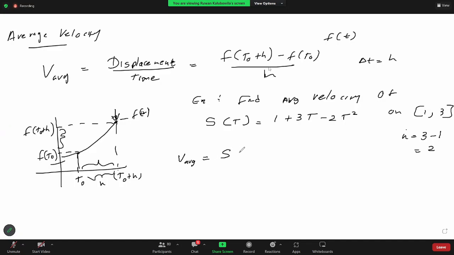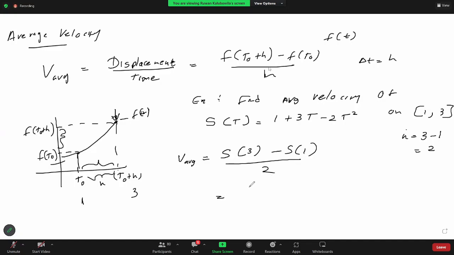So s(t naught plus h). That means what? Here 3, here 1. t naught plus h means actually 3, right? Minus s(t naught), which is s(1), over h, which is 2.